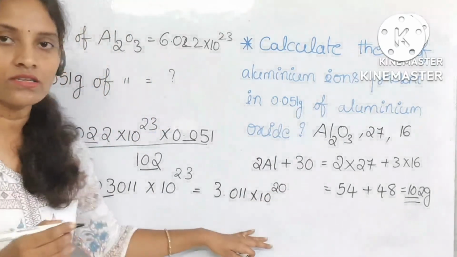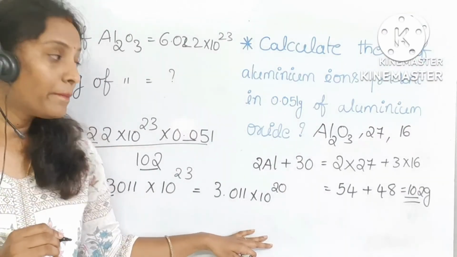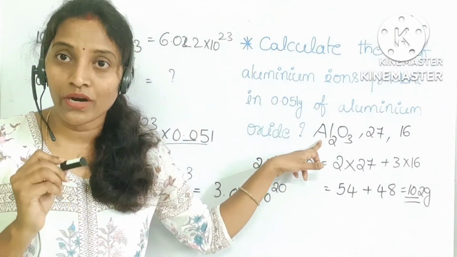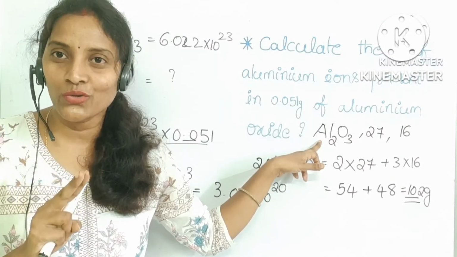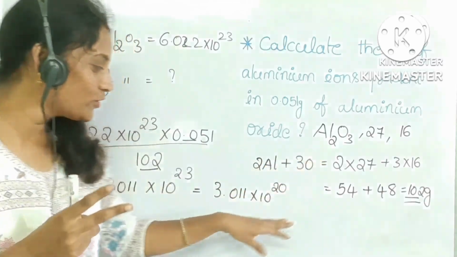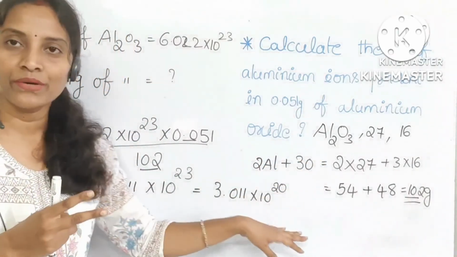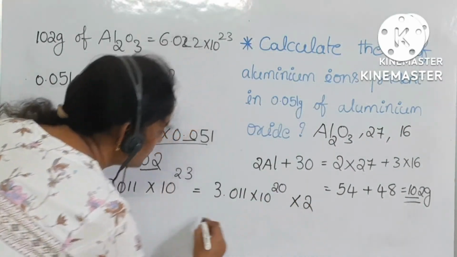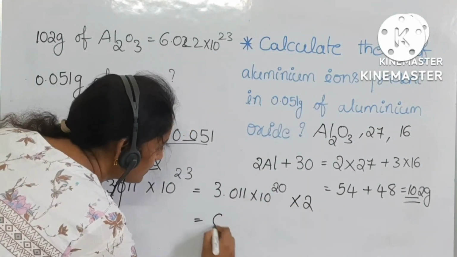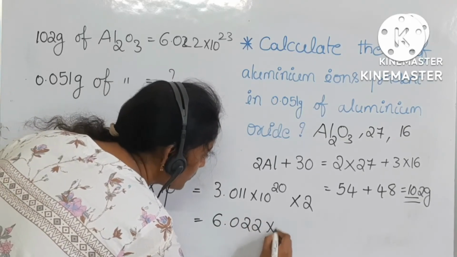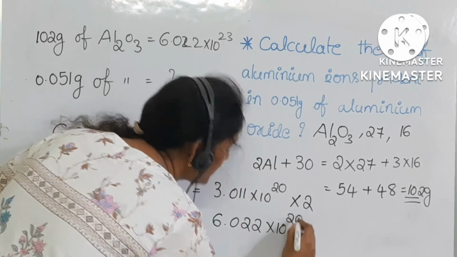Is this your answer? No, it's not your answer, because here one aluminum oxide molecule has 2 aluminum ions. So you should multiply this number by 2. 2 threes are 6, 2 zeros are 0, 2 ones are 2, 2 ones are 2, into 10 power 20.